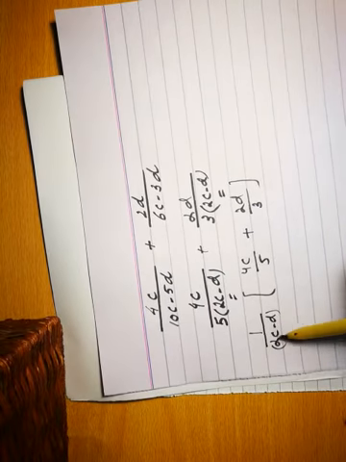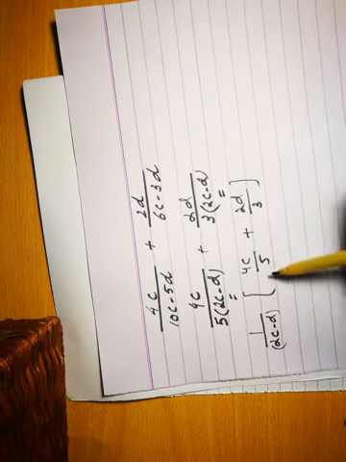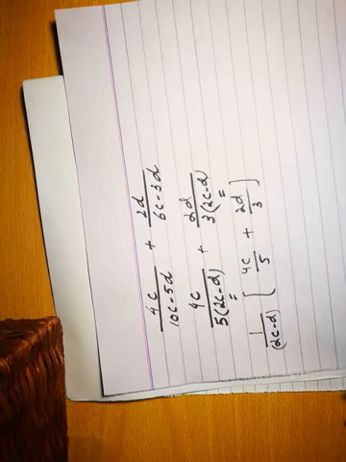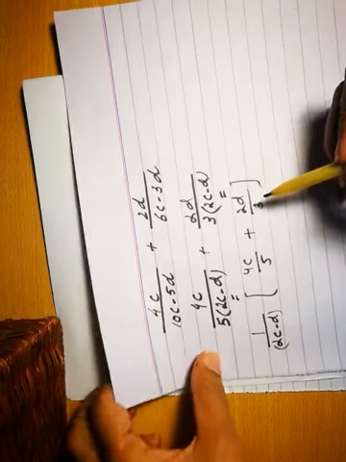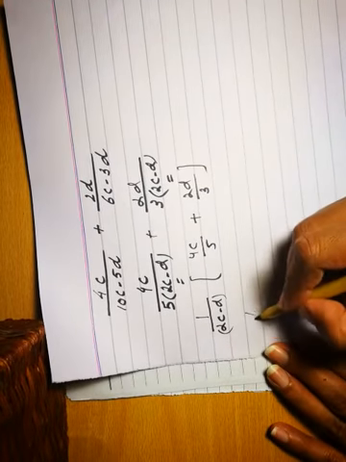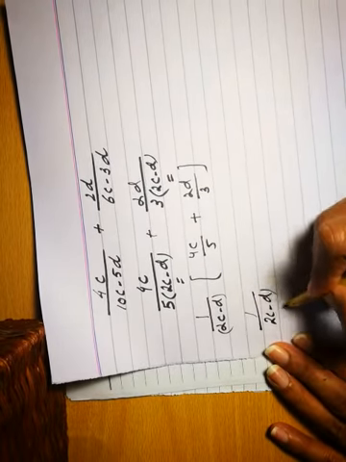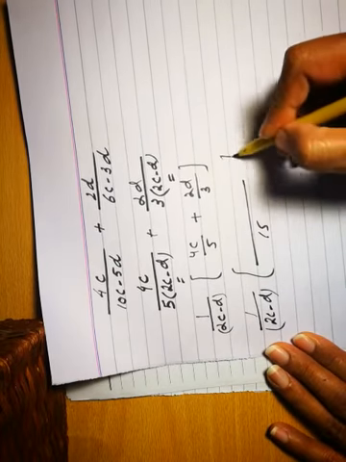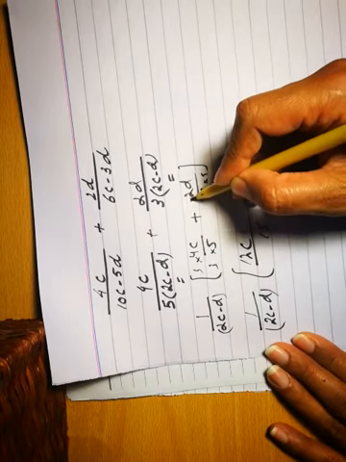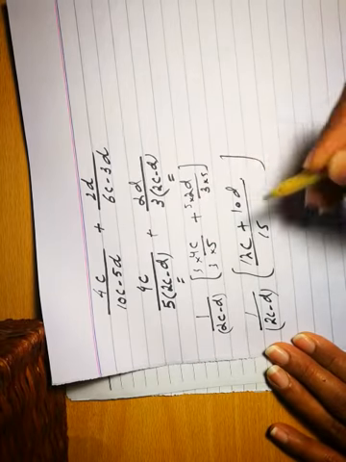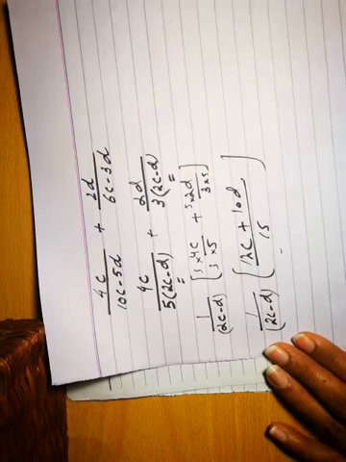So taking 1 over 2c minus d common will make my life easier. How? I'll be left with 4c over 5 here plus 2d over 3 there. So it's easier. The LCM will be 15 and I'm going to multiply this by 3. So I'm getting 12c, this by 5. So I'm getting 10d and this is my final answer.